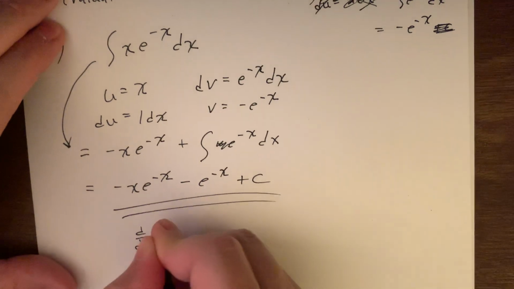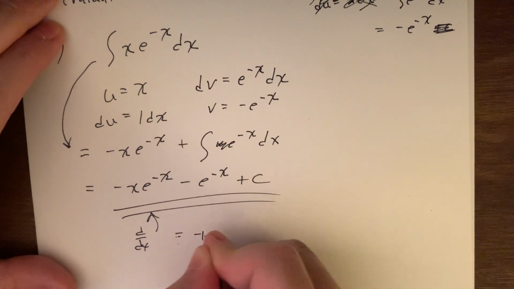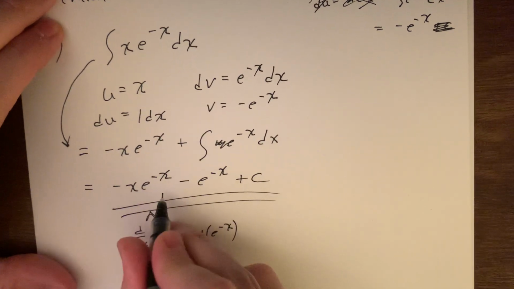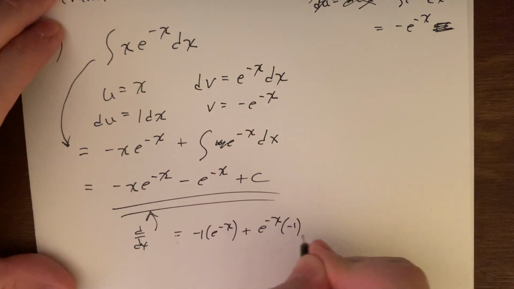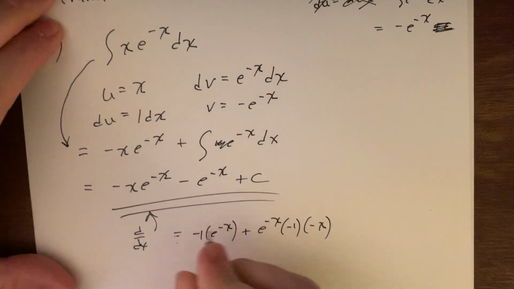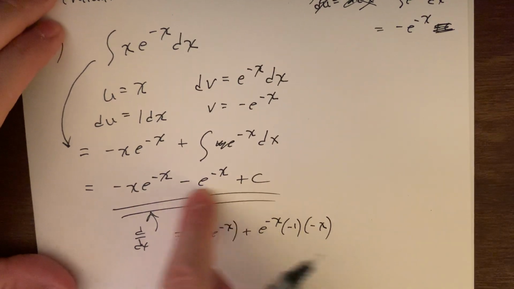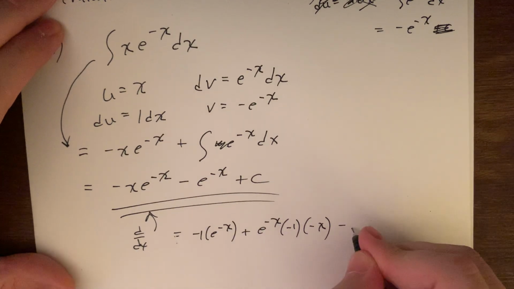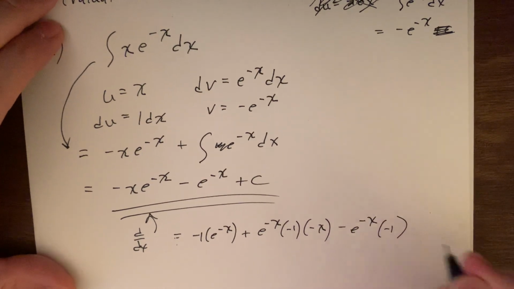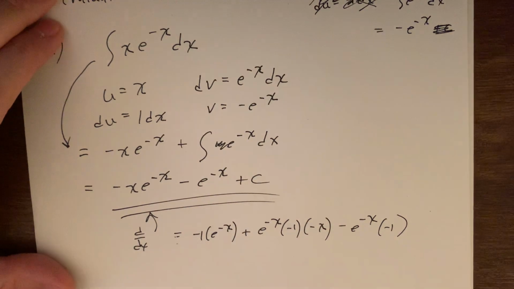So if I took the derivative of all this, I get minus 1 times the original second, plus the derivative of the second times the original first, and then all that is the derivative here, and then the derivative here, and the derivative of c is 0.